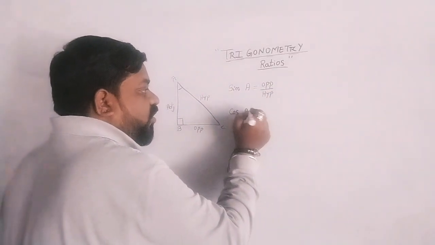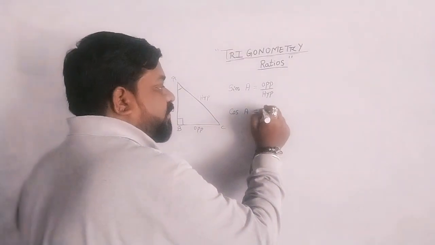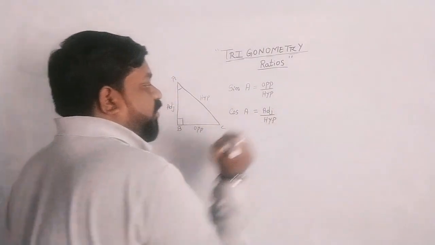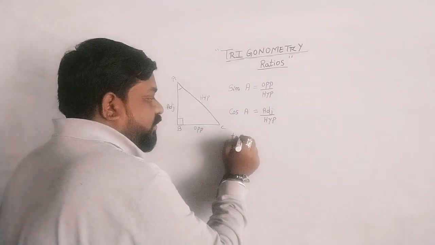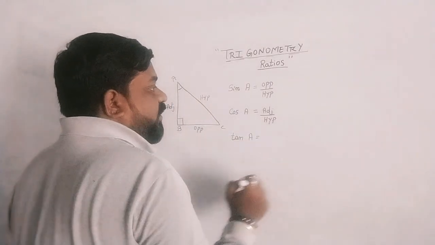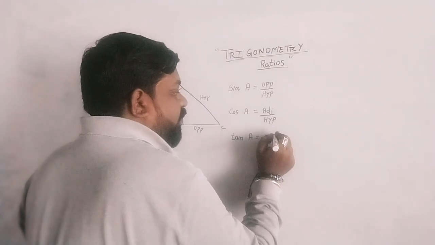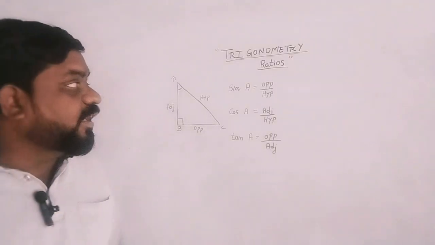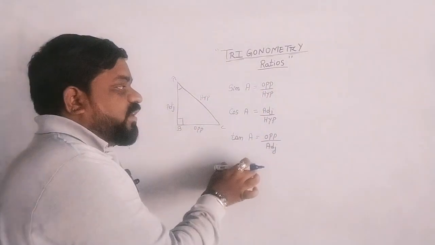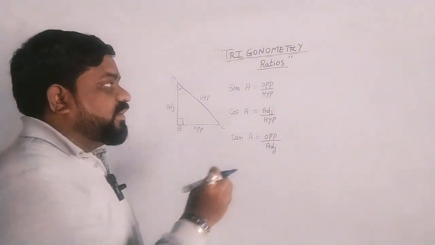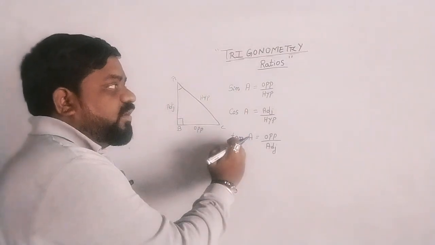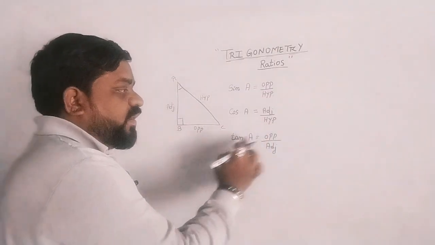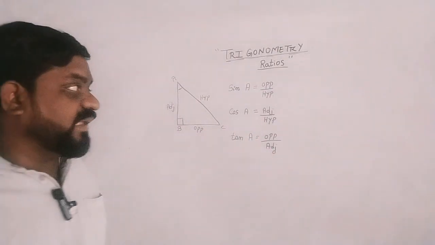Next, cos A can be written as adjacent by hypotenuse. Tan A can be written as opposite by adjacent. If you remember the trigonometric ratios in this order, it is very easy. First sine, cos, tan. Sine is opposite by hypotenuse, cos is adjacent by hypotenuse, tan is opposite by adjacent.